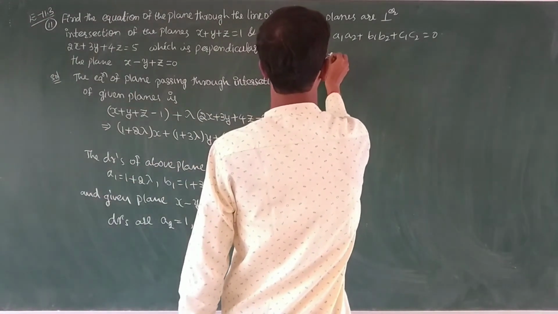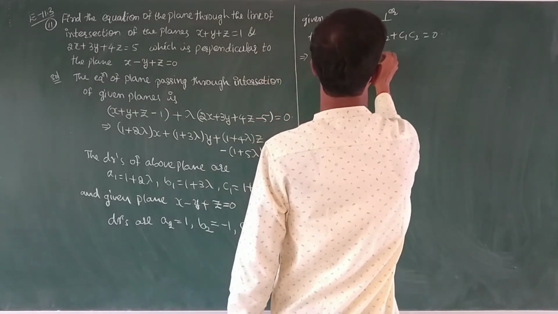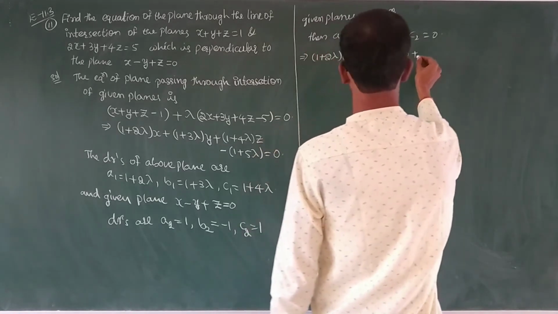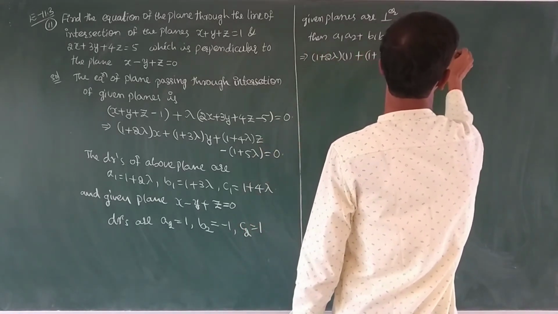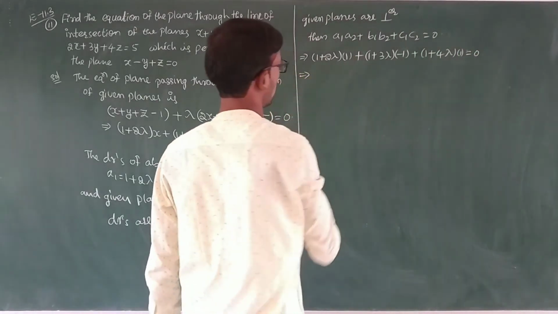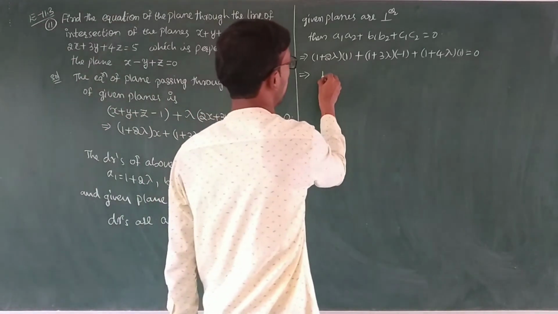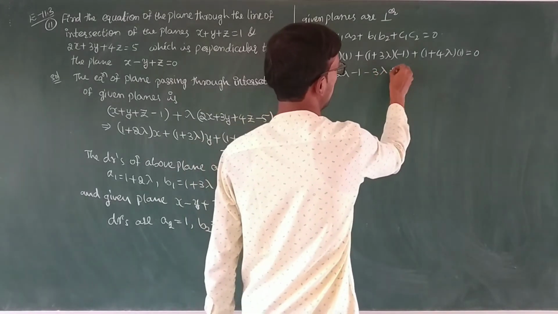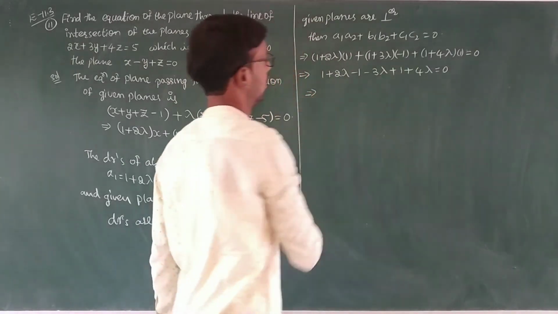Substitute the values there: 1 plus 2 lambda into 1, plus 1 plus 3 lambda into minus 1, plus 1 plus 4 lambda into 1 equal to 0. How much do you get? 1 plus 2 lambda minus 1 minus 3 lambda plus 1 plus 4 lambda is equal to 0.